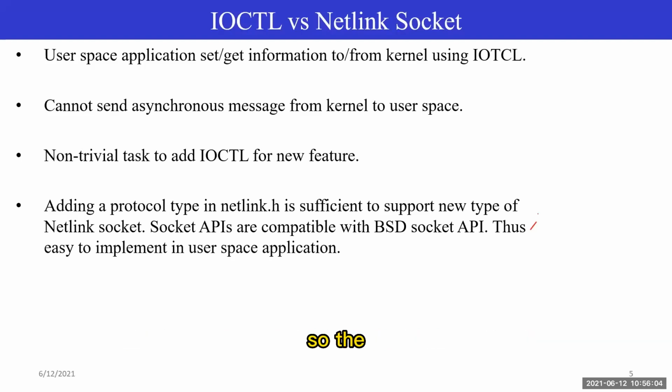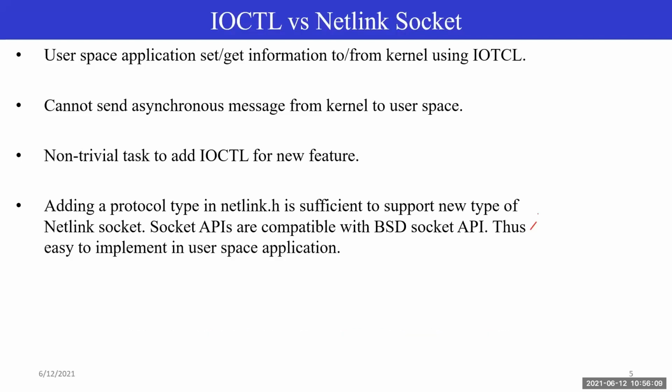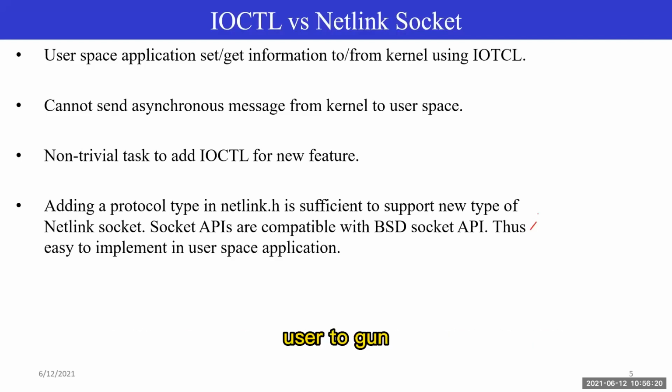So the work is very trivial compared to the IOCTL, and there is no need to add any code to get the information or set the information from user to kernel. That part can be done using a separate kernel module. And having a kernel module is always better than compiling the kernel for adding any feature.